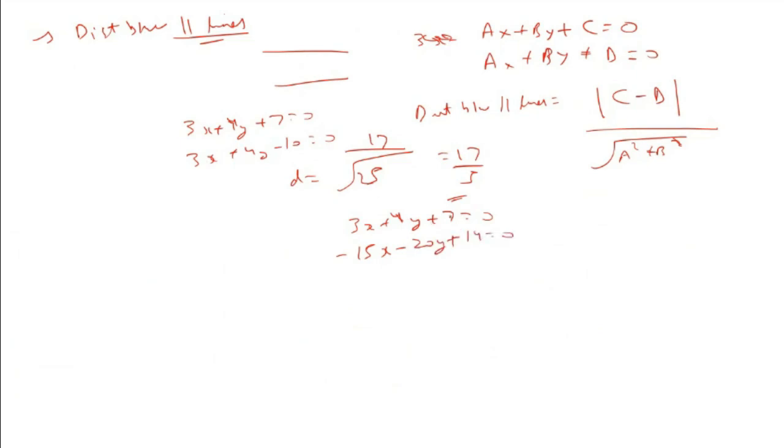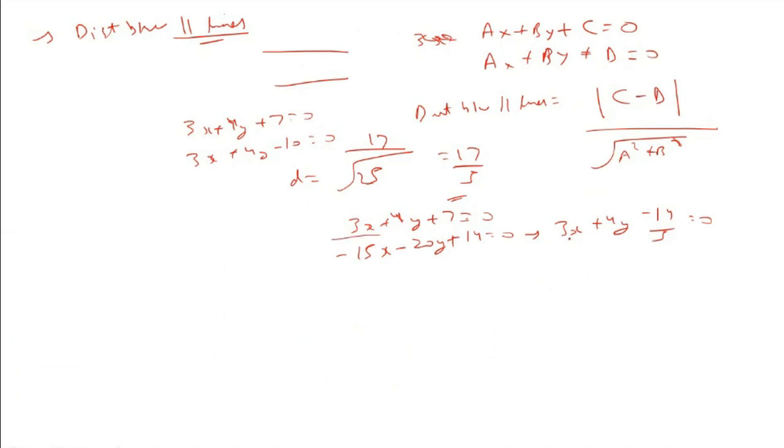What is the distance between these two lines? It's easy to figure out that this is 3 and 4. Even this we can change to a similar form of 3 and 4, right? If we divide by minus 5, this will be 3x plus 4y minus 14 by 5 equal to 0.